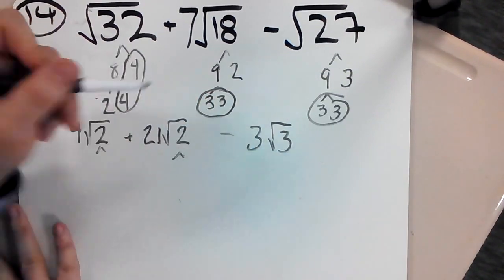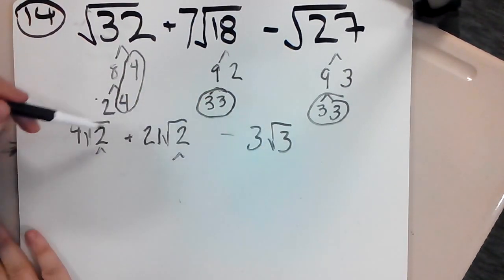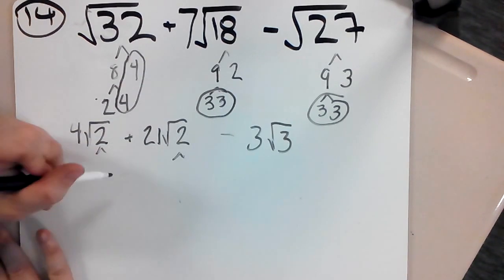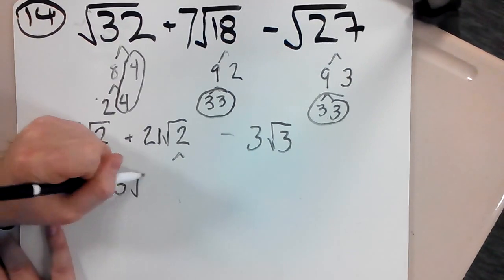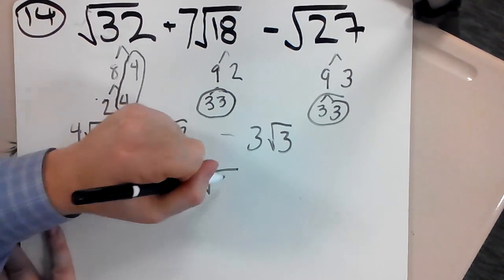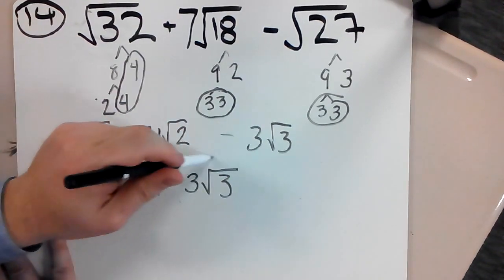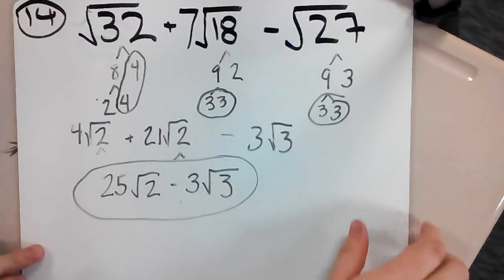This square root of 3 doesn't have any friends to talk to, so he's on his own. Okay, so we're going to just add these two together. 25 square root 2 minus 3 square root 3. All right, next.